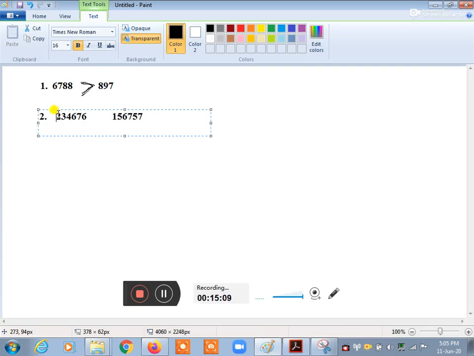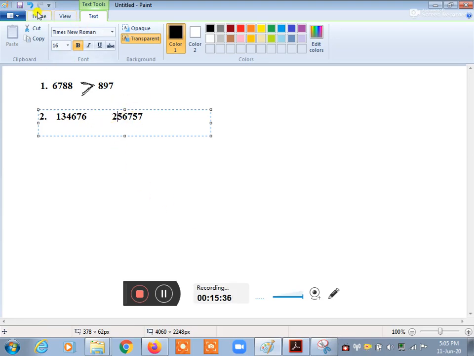Here the left side number is 1, here the left side number is 2. So 1 is less than 2. So this number is less than this number.